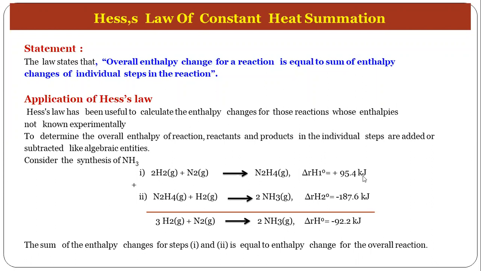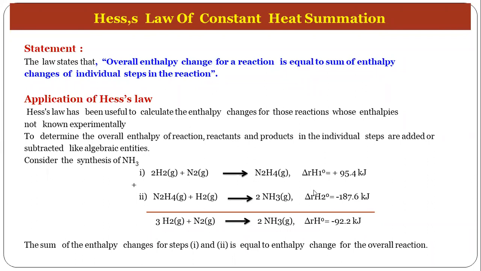First one, this is a change in enthalpy. The second step, this is a change in enthalpy. So Hess law states that the overall enthalpy change of a reaction is the sum of enthalpy changes of the individual steps. If the reaction is completed in 3 steps, 4 steps, we have to calculate the overall enthalpy by the addition of all the steps: first step, second step, third step, fourth step.